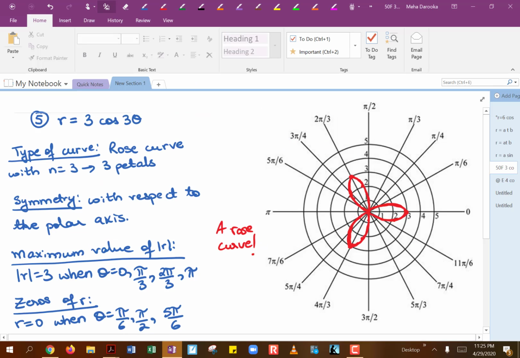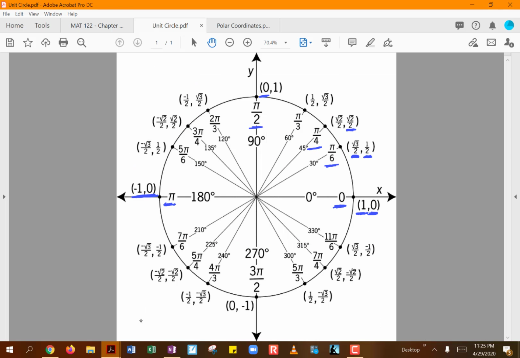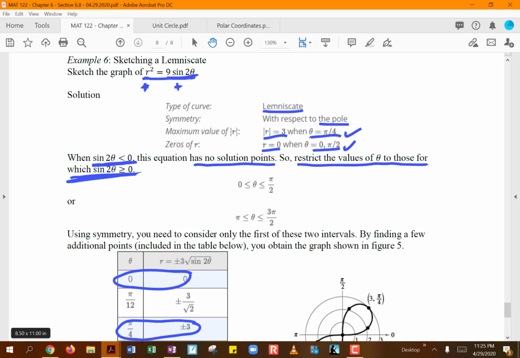So if you think about this, our sine function is going to be positive from 0 all the way to pi, right? Because when you get into quadrants 3 and 4, our sine function is negative. So in quadrant 1 and quadrant 2, our sine function is positive.